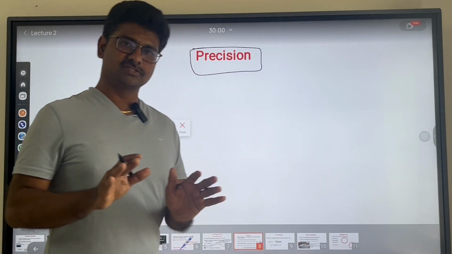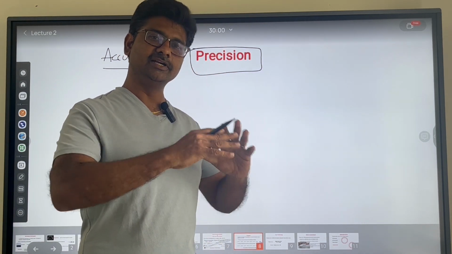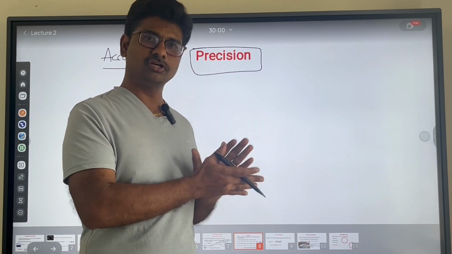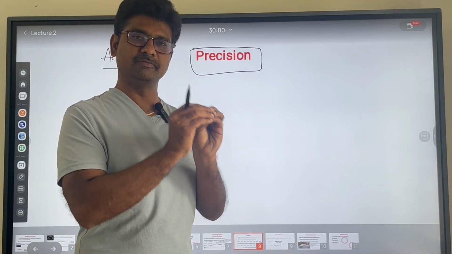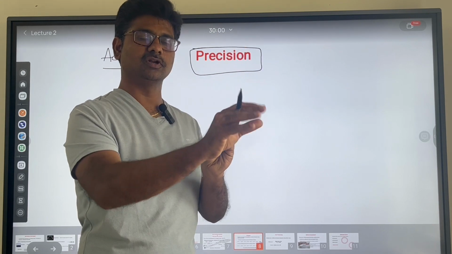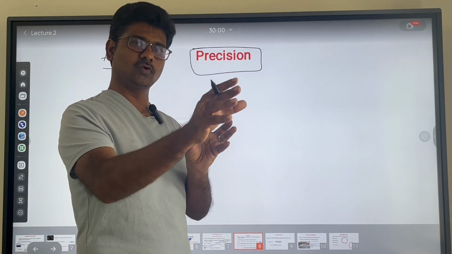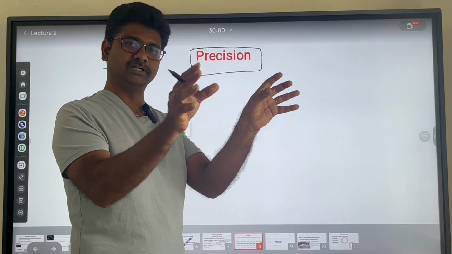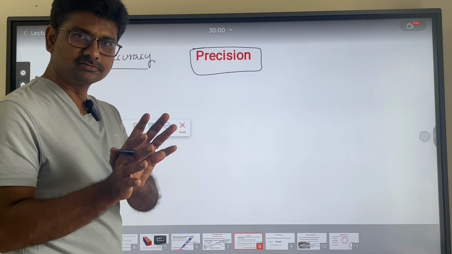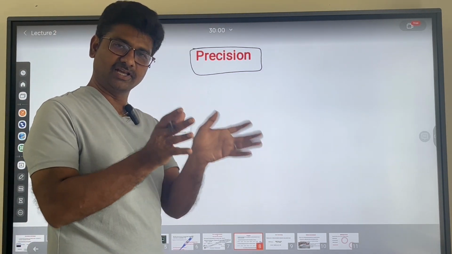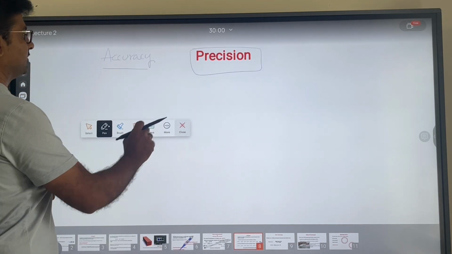Accuracy means, once again I will tell you, the degree of closeness of a measured value to the true value. How close your measuring instrument measures to the actual or true value of that particular physical quantity. If you are closer, you are more accurate. If you are less close, less accurate. Very simple. Now, what is precision?